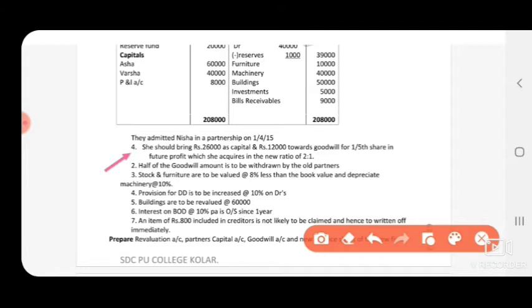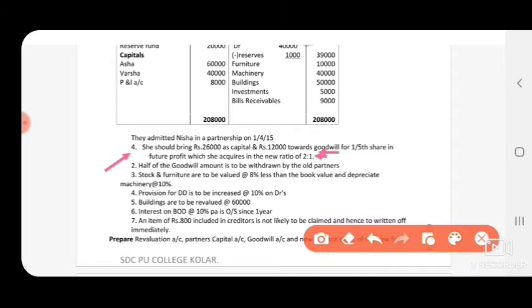You have to pass the entries under partners capital account credit side. And she acquires the share in the ratio of 2:1 from the old partners. So this is the sacrifice ratio. As you know, under goodwill situation, A and B, the goodwill amount we have to share in the sacrifice ratio.